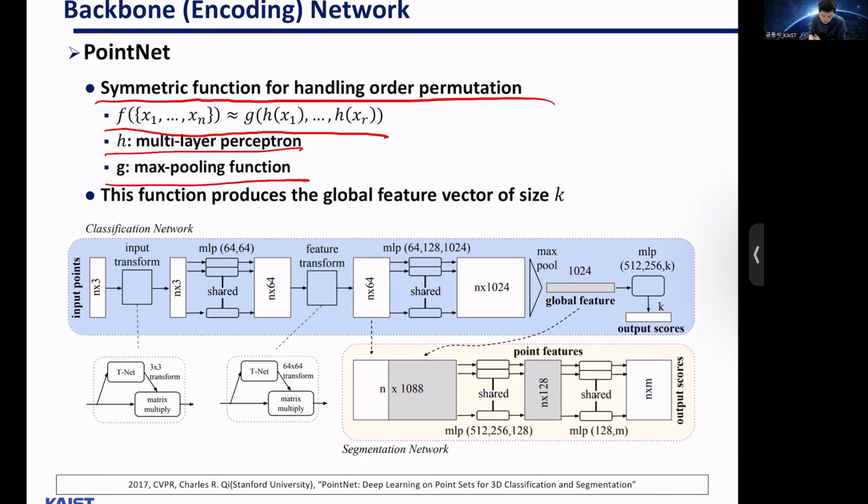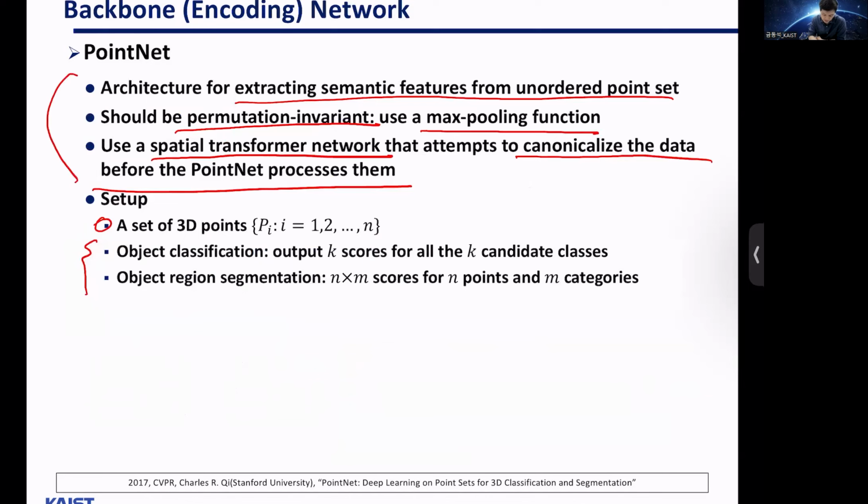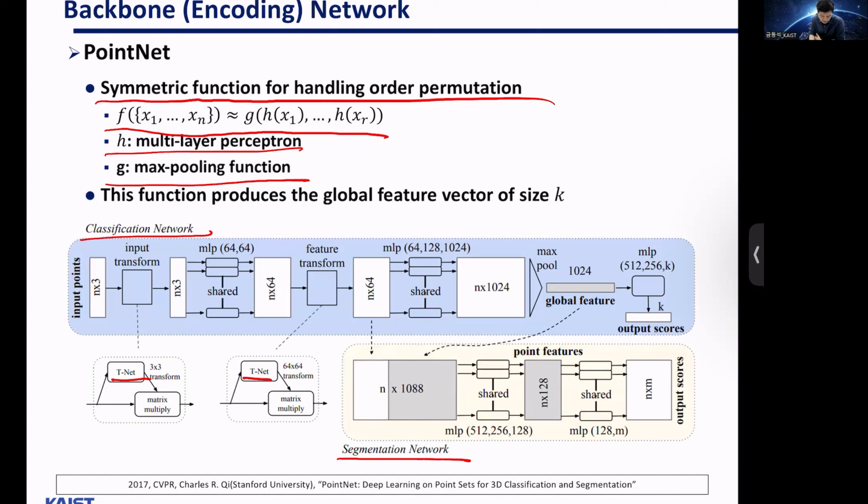So if you look at this architecture, you have the classification network, and then you have the segmentation network, and for each layer you have these TNet networks that allow these requirements or functions for PointNet point-based encoding.